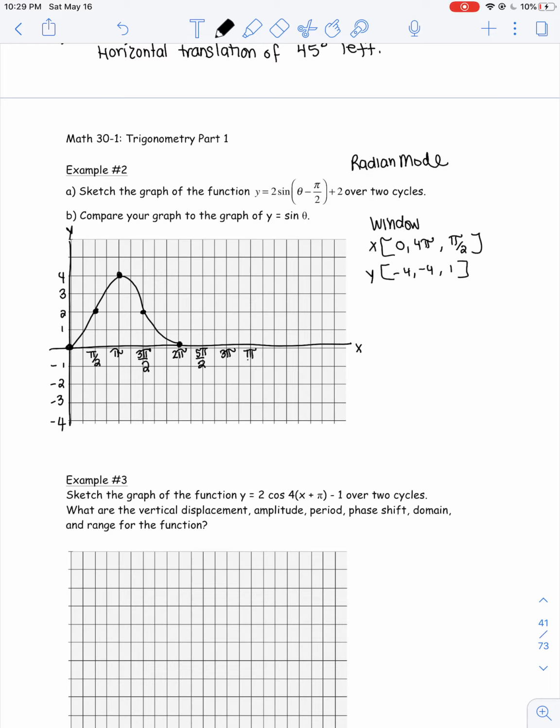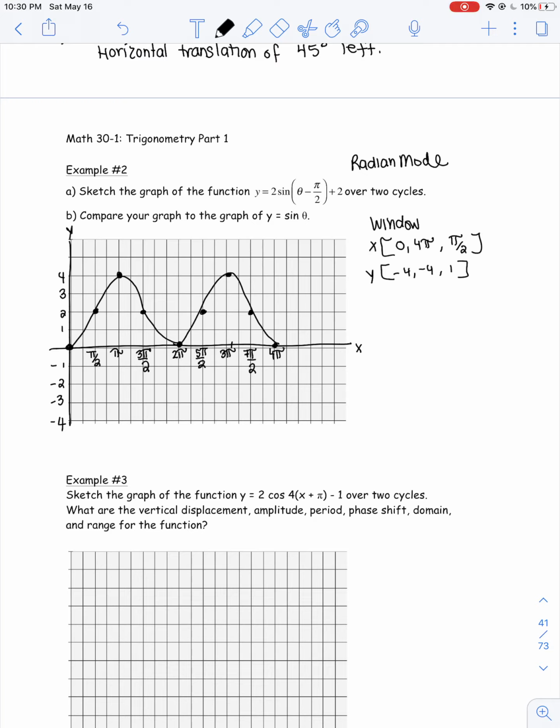Then it would be 7 pi over 2, and then 8 pi over 2 is 4 pi. So that would be continuing 2 cycles. So what I'll do is I'll retrace the same values here. So I know that at 5 pi over 2, it's going to be again at 2. Then at 3 pi, it's going to be at 4, just looking at the previous wave. Then at 7 pi over 2, it's going to be at 2 again. And then at 4 pi, it's going to go back to the x-axis. So there's 2 cycles there.